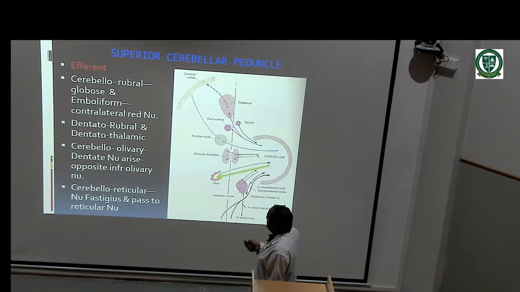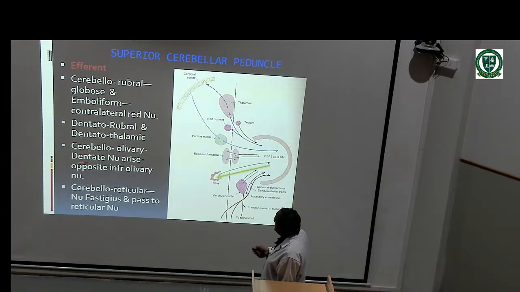Next, dentatorubral and dentatothalamic fibers. They arise from the dentate nucleus of the cerebellum, and they end in the red nucleus, or they end in the thalamus, one of the nuclei of the thalamus. Okay. Next, cerebello-olivary fibers.